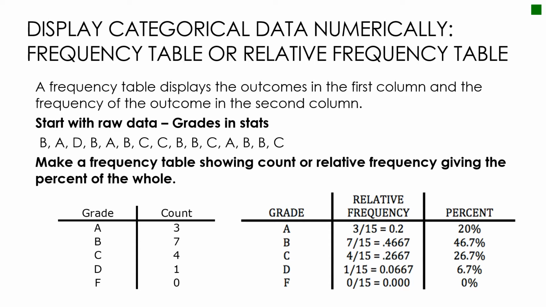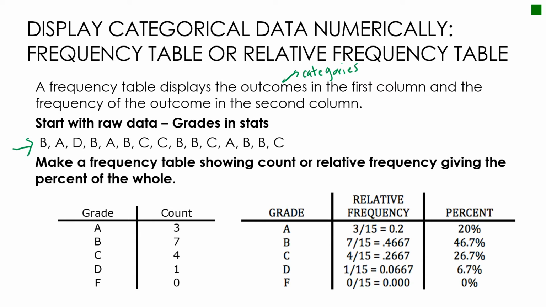So let's first look at a frequency table or a relative frequency table. A frequency table displays what the outcomes are, and the outcomes, of course, would be our categories. It also displays the frequency of each of those outcomes in the second column. So here is some raw data, grades in stats, totally made up.